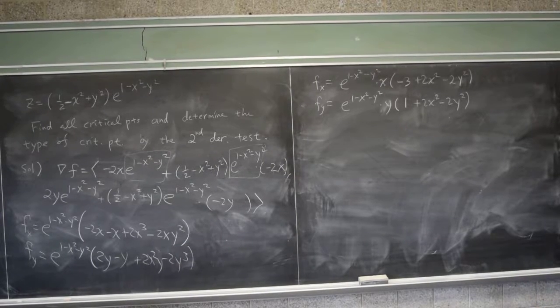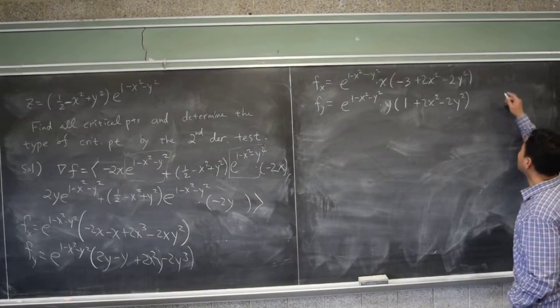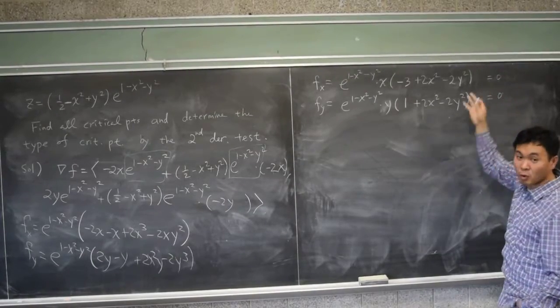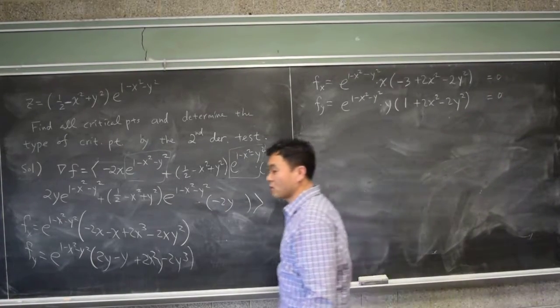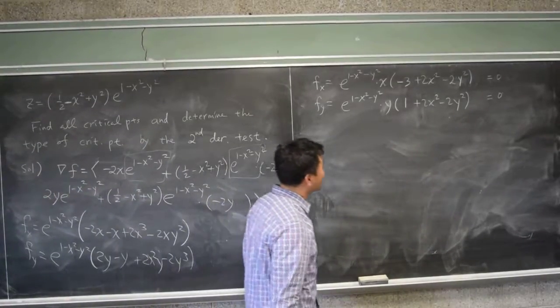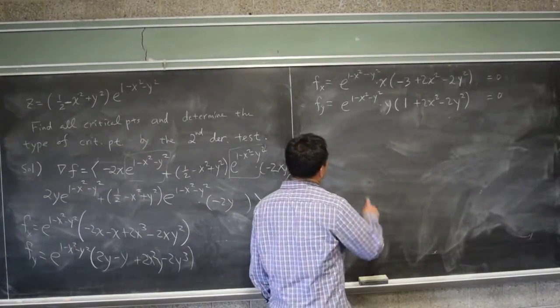Alright, and now in order to get the critical numbers, I need this to be 0 and this to be 0. I need both of them to be 0 for a pair of numbers x and y to be a critical number.